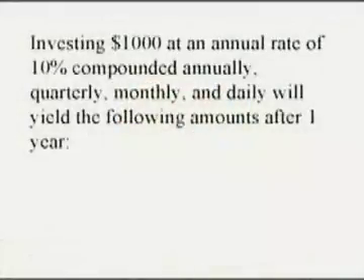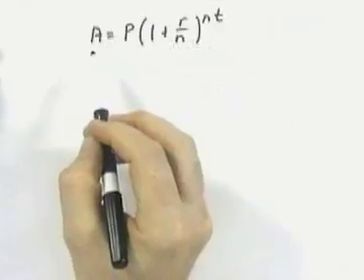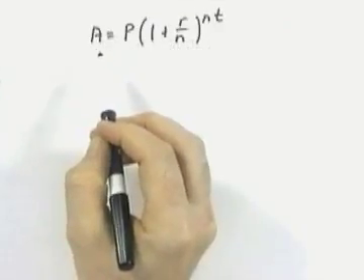Investing $1,000 at an annual rate of 10% compounded annually, quarterly, monthly, and daily will yield the following amounts after 1 year. So what we're going to do in this problem is use the compound formula.